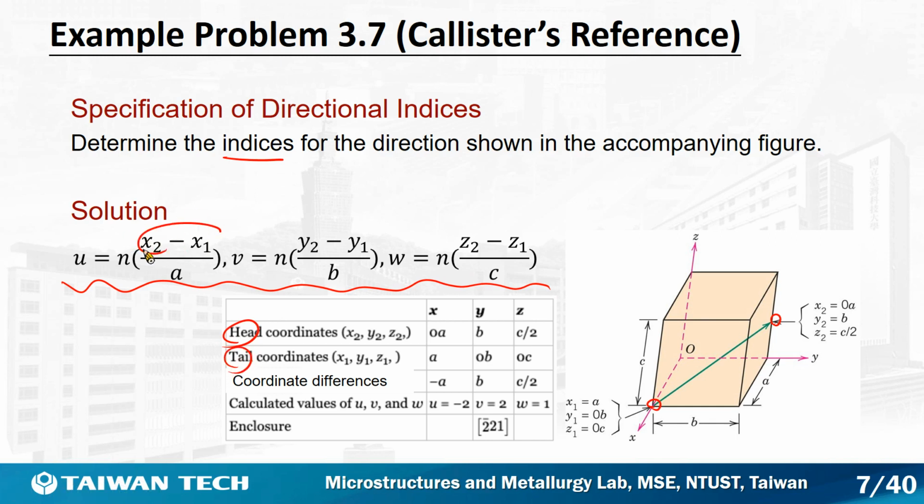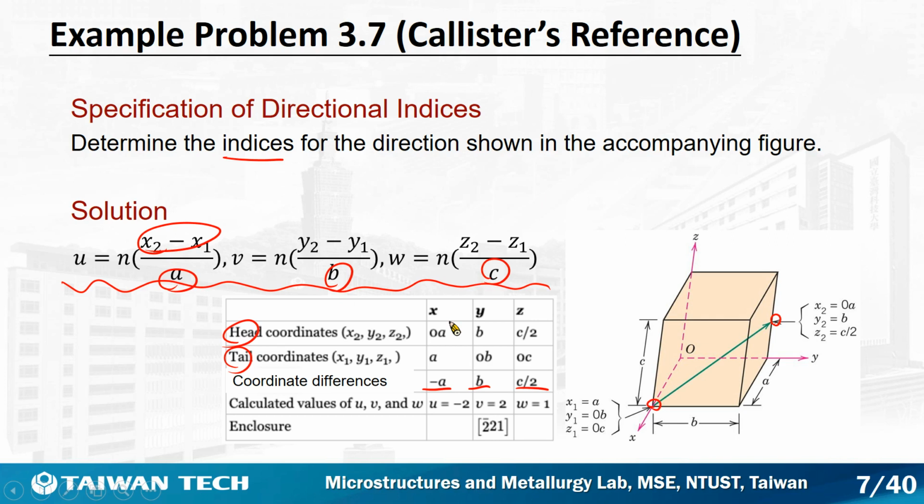We first do subtractions. We get a result here. And then normalize it with edge length. And then we make it to be the smallest integer.